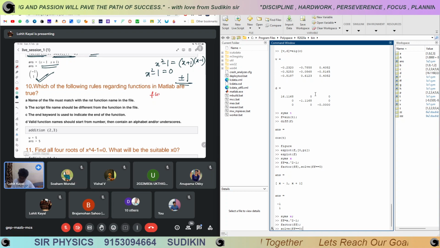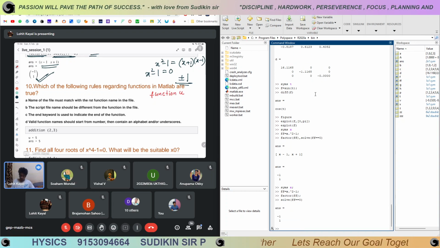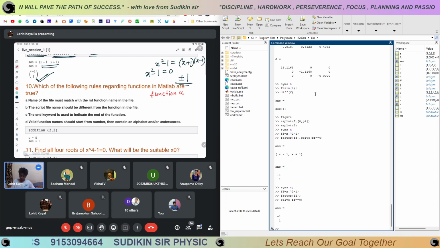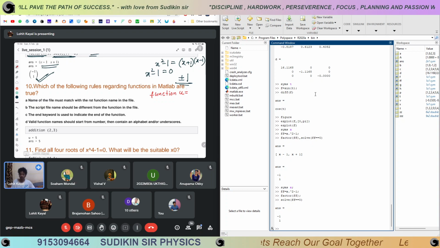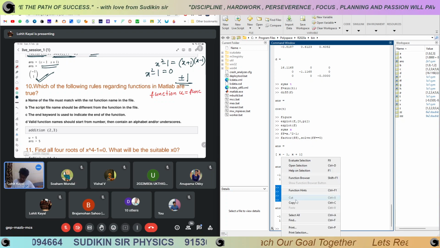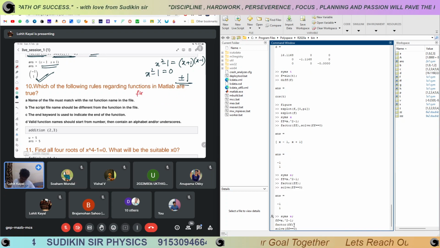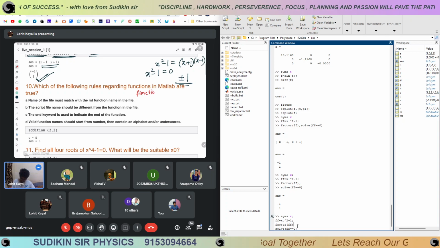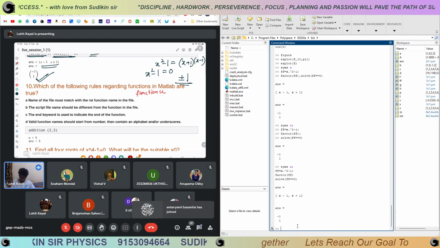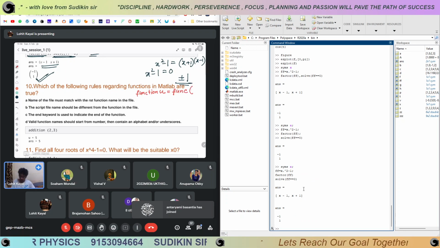So this is the function: function u equal to some name of the function, suppose func, and mention the variable.